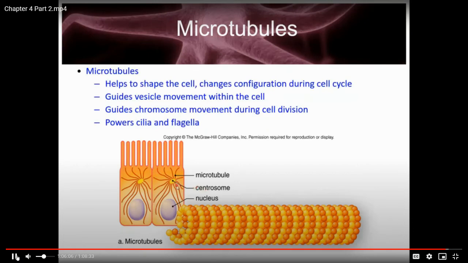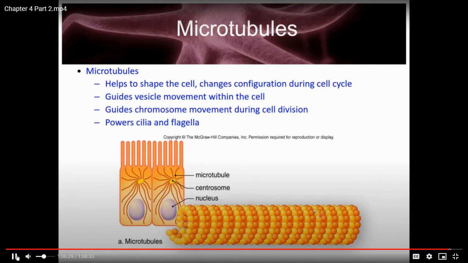So if you're a vesicle, for example, that needs to travel to this side of the cell, you're going to jump on this train track, as opposed if you're supposed to go to this side of the cell, you're going to jump on this train track. All right? They're made up of proteins called tubulin.